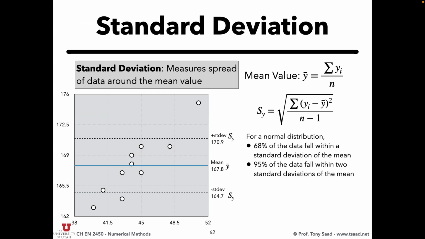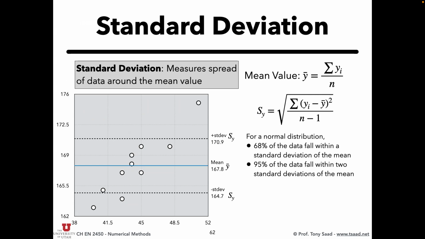I already mentioned that for a normal distribution, 68% of the data fall within 1 standard deviation. If these data were distributed normally, whatever that means to you, we're not going to talk about that, then 68% of your data falls within 1 standard deviation, and 95% falls within 2 standard deviations.